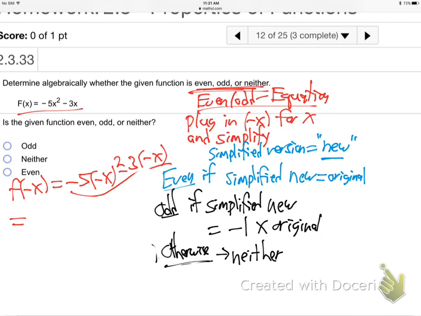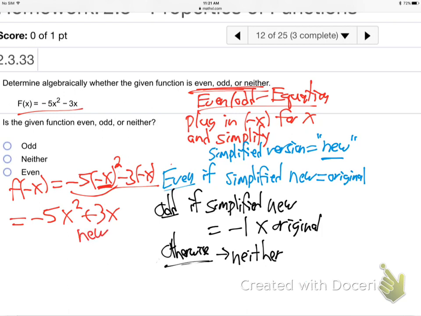So when you simplify, what happens to negative x squared? Yeah, it just becomes x squared. That negative vanishes, right? Negative squared is positive. The negative on the 5 doesn't go anywhere, but the negative x squared just becomes regular x squared because 2 negatives is positive. And then negative 3 times negative x is positive. We good there? So this is the new.